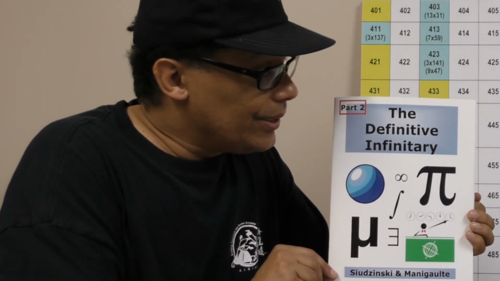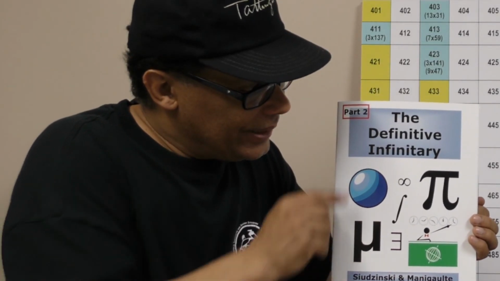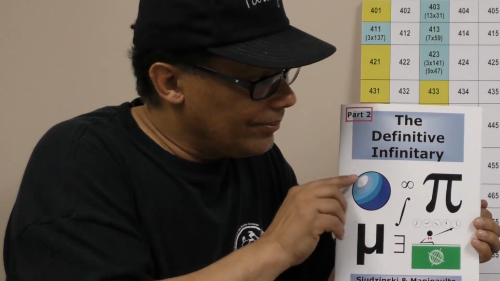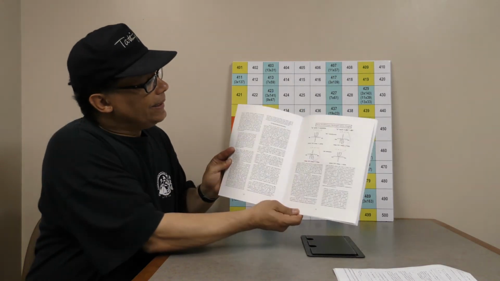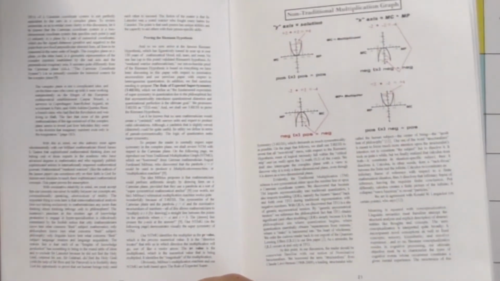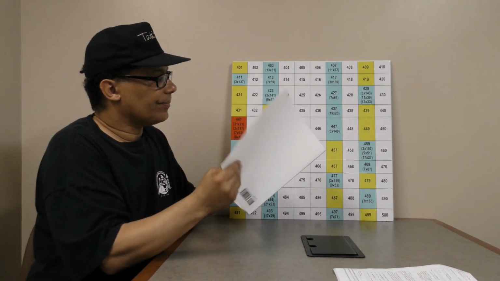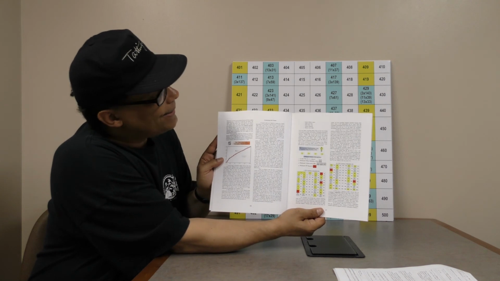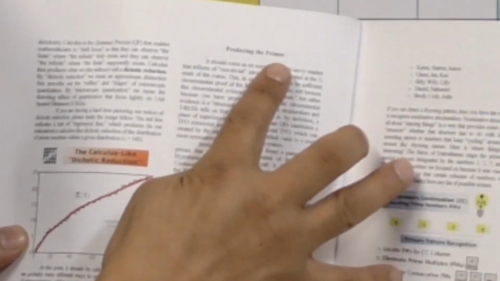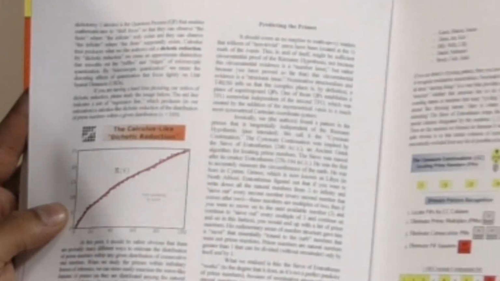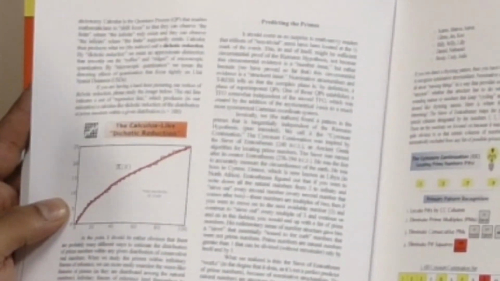Many of the materials that you saw today can be discovered in the definitive infinitary. You will see that there's also a visual proof of the Riemann hypothesis. On page 26, you will find an entire section dealing with predicting the primes, deterministically predicting them, not probabilistically.